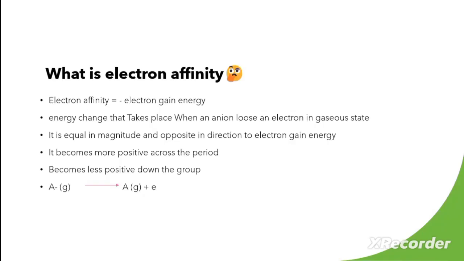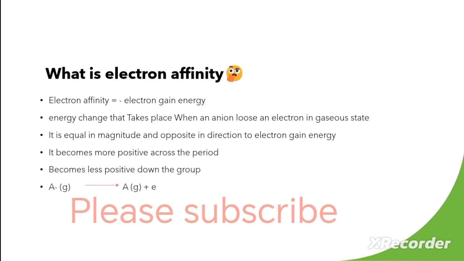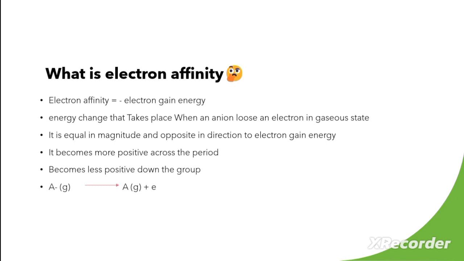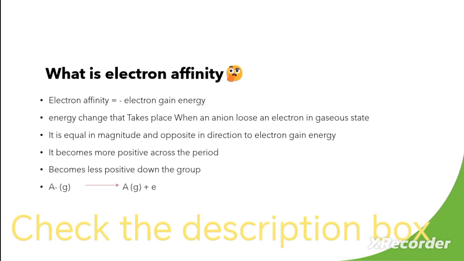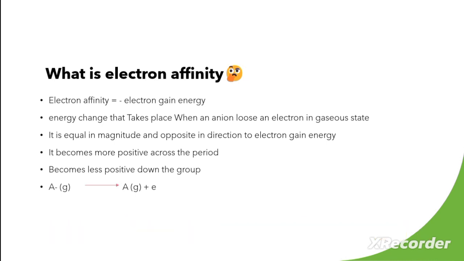Now we will learn about electron affinity. Electron affinity is the exact opposite of electron gain energy, right? The energy change that takes place when an anion loses an electron in the gaseous state is known as electron affinity. Here an example is given.